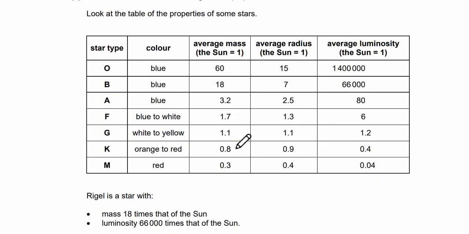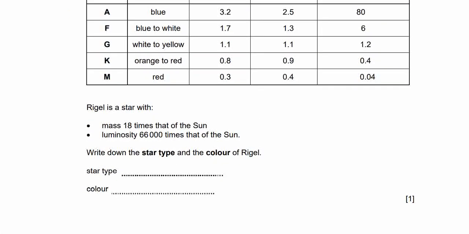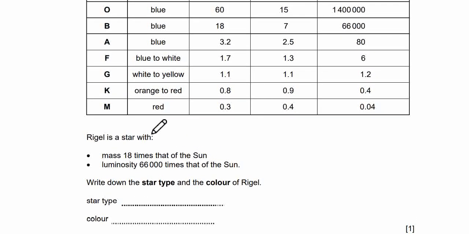So the question is, Rigel is a star with mass 18 times that of the Sun, luminosity 66,000 times that of the Sun. Write down the star type and the color of Rigel.